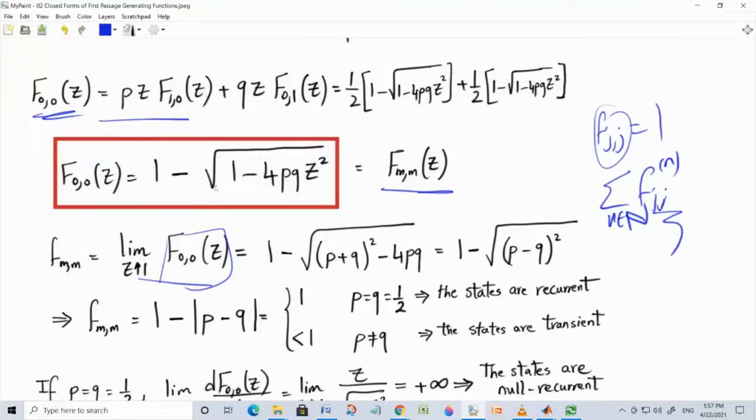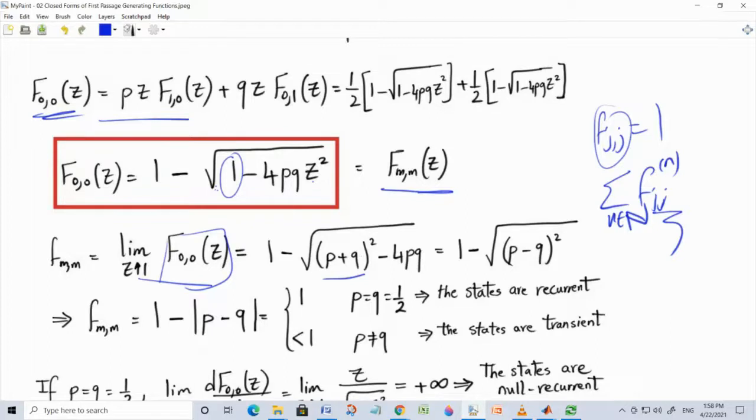So we need to take the limit. Basically the square root is a continuous function, so you can move the limit under the square root and set z equal to 1. And if it is equal to 1, you can take this 1 here and put it as (p+q) squared, because p+q is equal to 1.